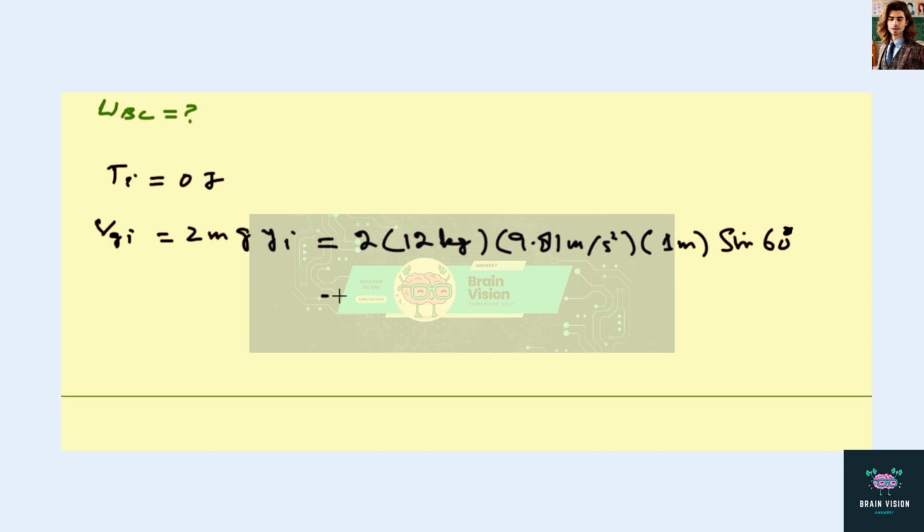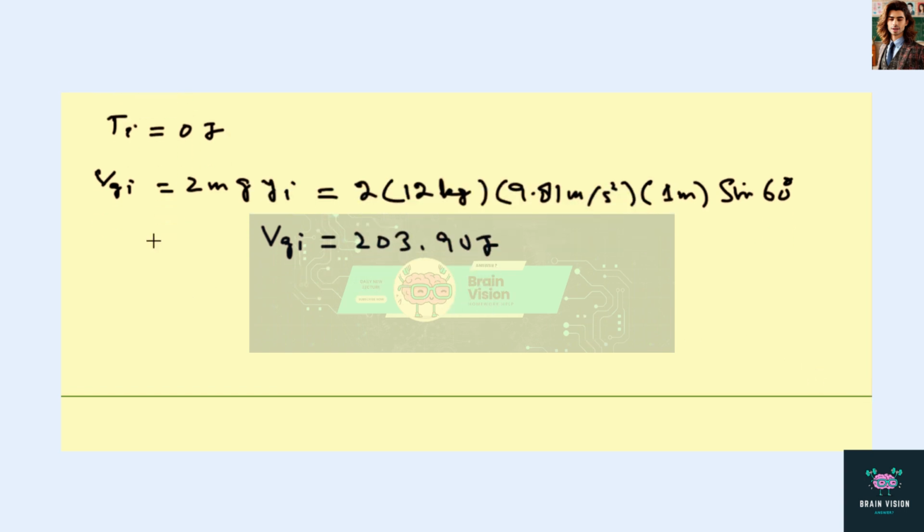So this will give us the value for Vgi as 203.90 joule.